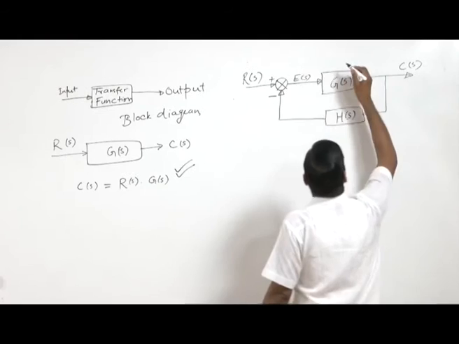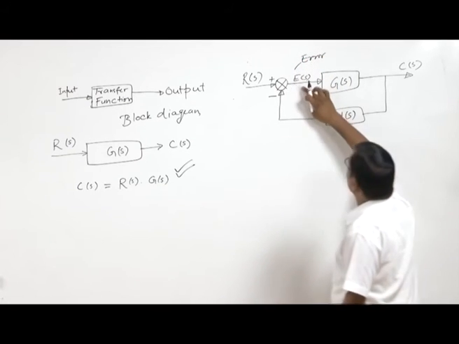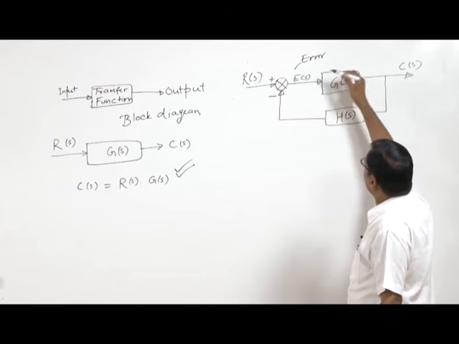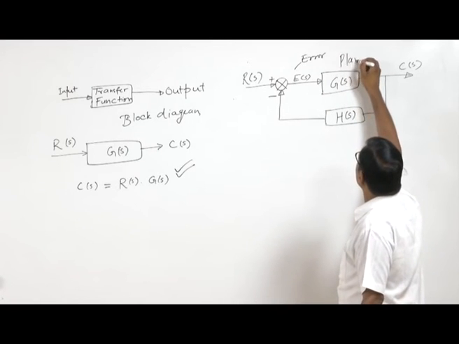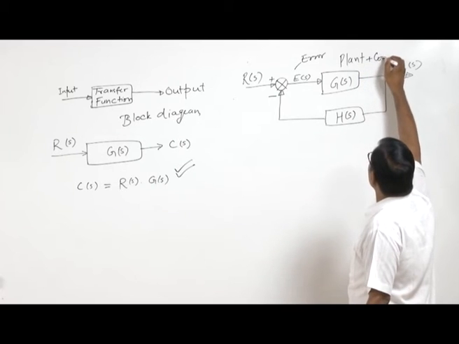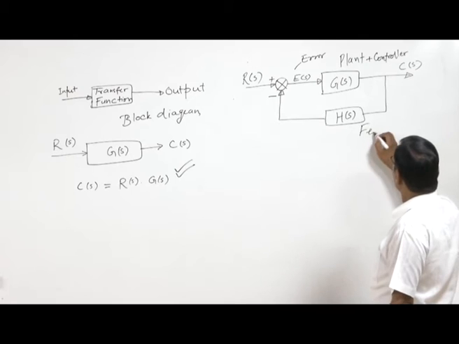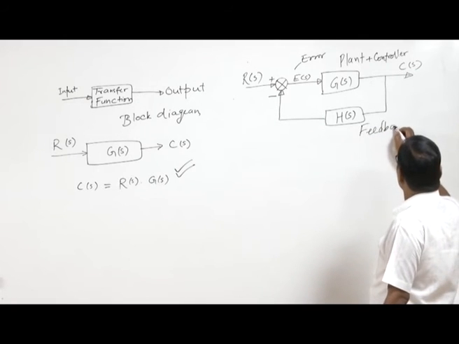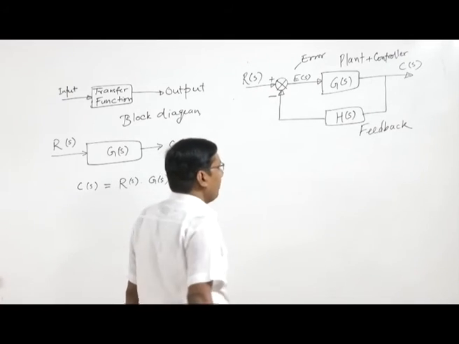Here this is the error or actuating signal. The transfer function G1(s) is the plant and controller transfer function. This is the feedback transfer function. Here, this is the input.